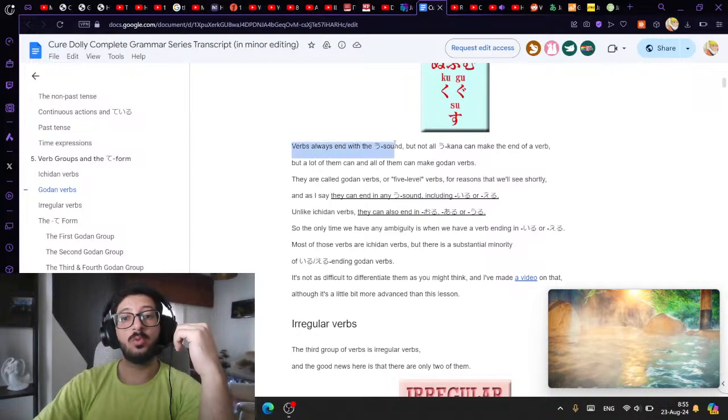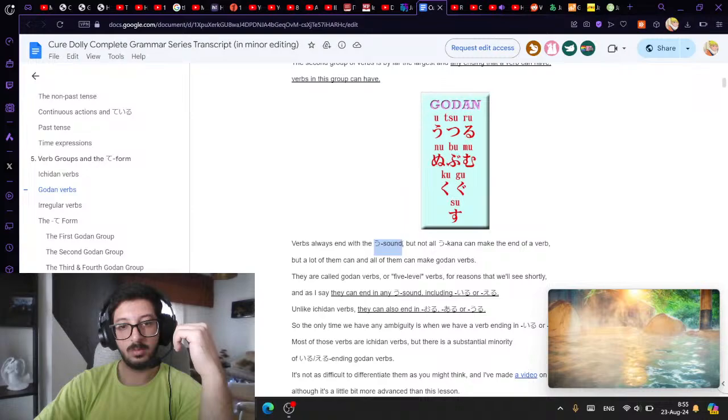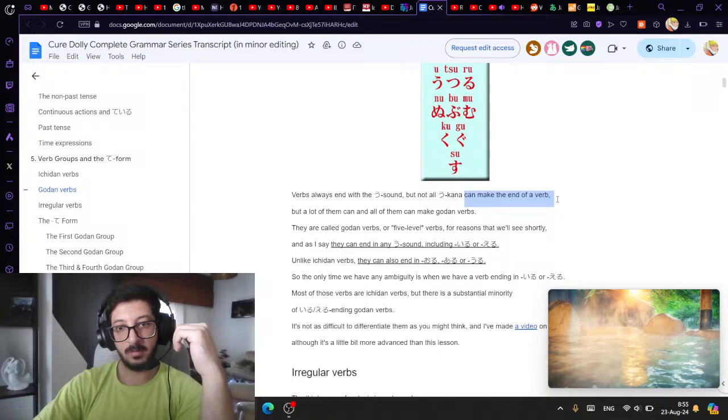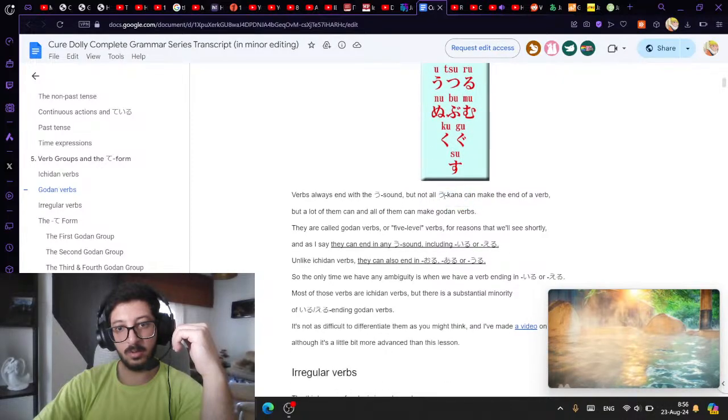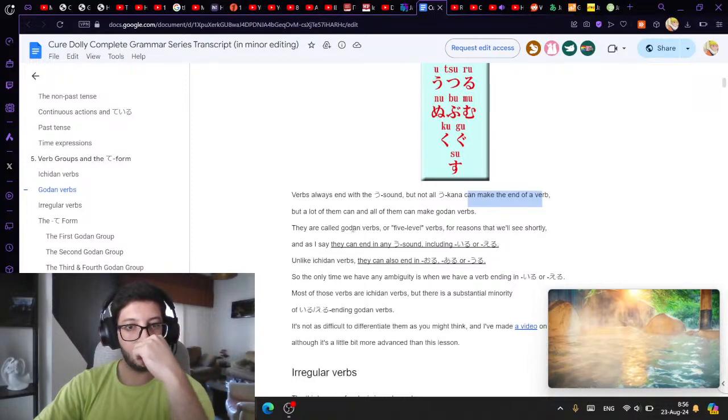Verbs always end with the u sound, but not all u kana can make the end of the verb, but a lot of them can, and all of them can make Godan verbs.